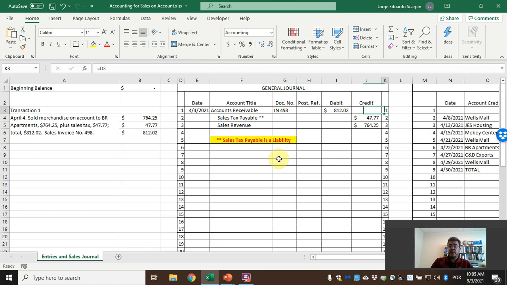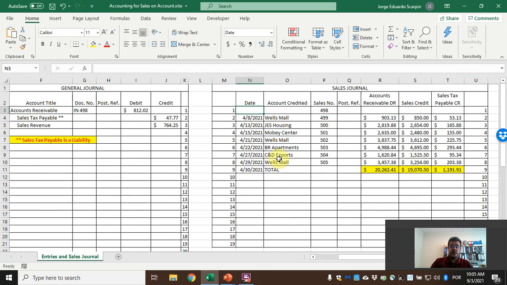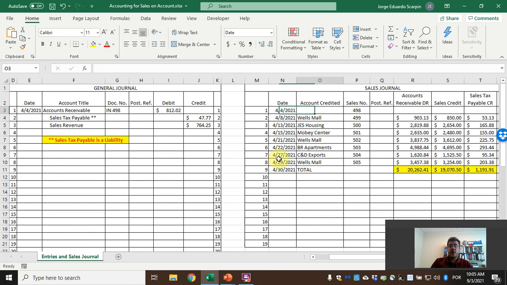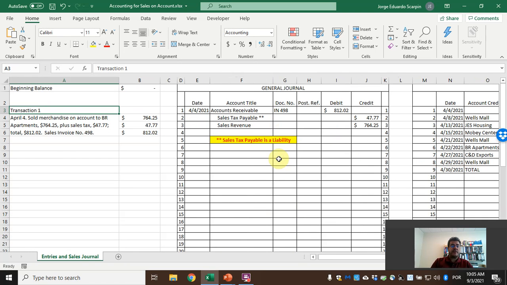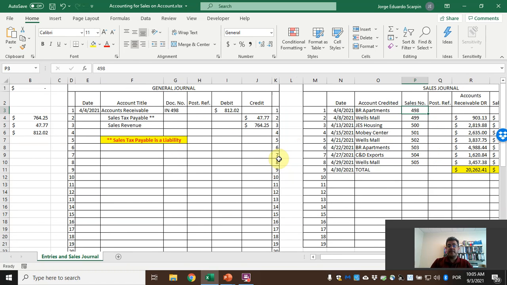And how do we work on the sales journal? So date, April 4th. What is the account credited? We are selling it to BR Apartments. BR Apartments, sale invoice, $498. How much is the accounts receivable? Debit.